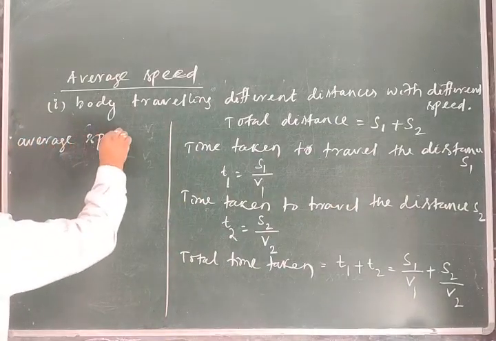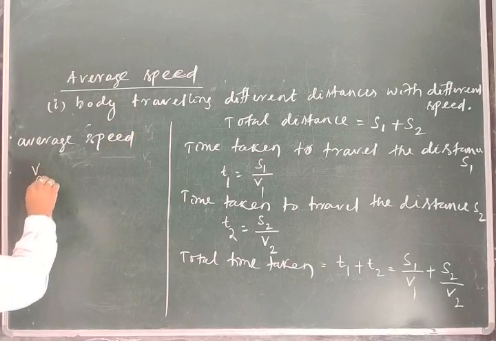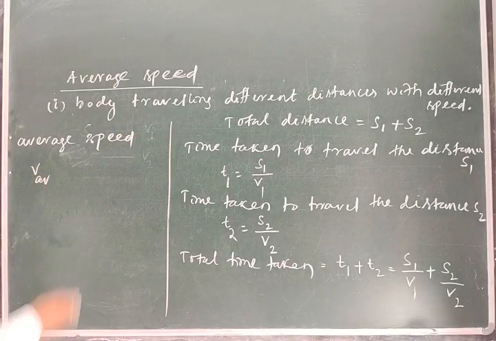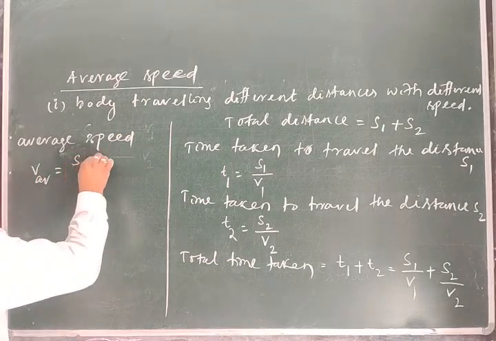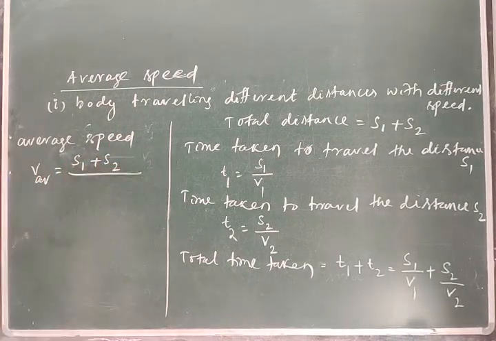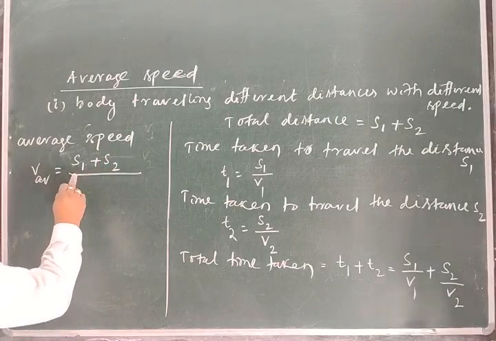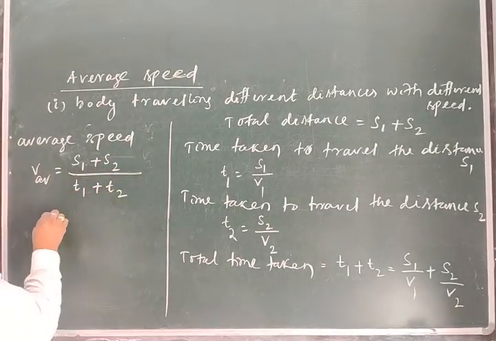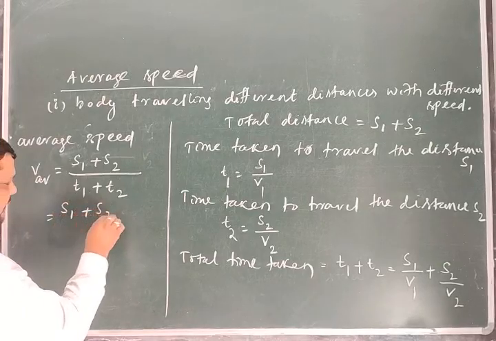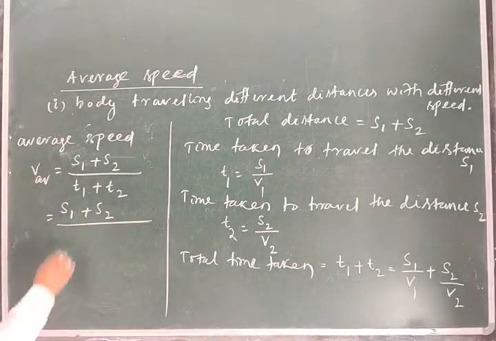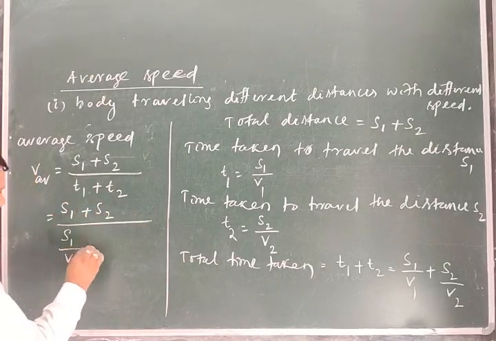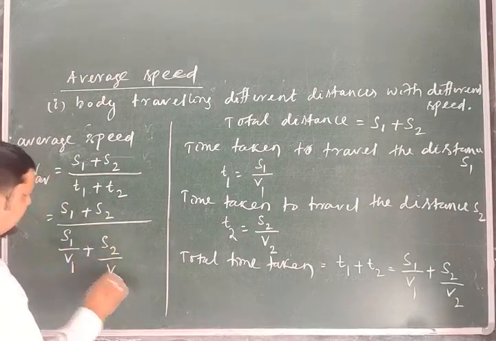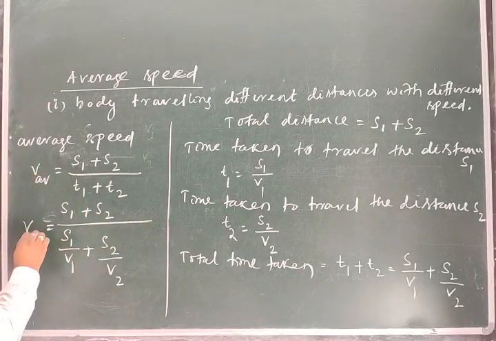Average speed, V average, or we can write V bar, is equal to total distance S1 plus S2 divided by total time taken T1 plus T2, that is equal to S1 plus S2 divided by S1 by V1 plus S2 by V2. So this is my average speed.